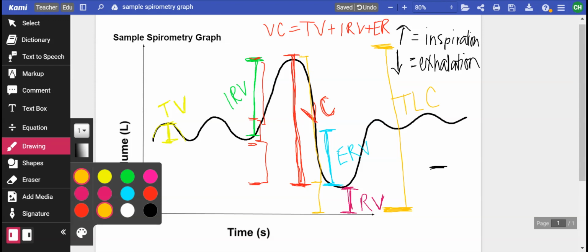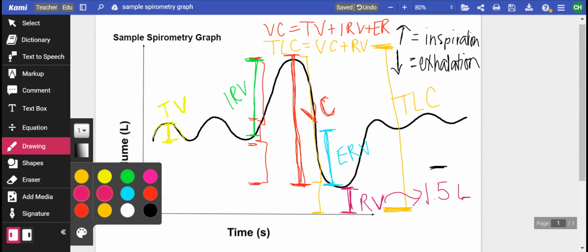So if we had the total volume that can go in and out of the lungs, that's total lung capacity, which is nice because it could show us a more generalized function of the lung versus like specifically looking at what's going wrong. So if we were to write total lung capacity as a formula, it would be the vital capacity, VC, plus the residual volume. And just by nature, the residual volume is known to be about 1.5 liters. That's kind of like a constant.